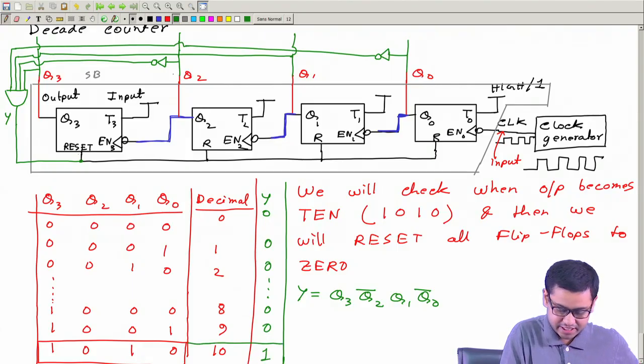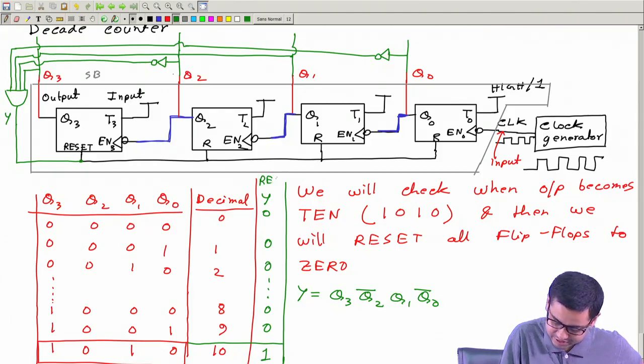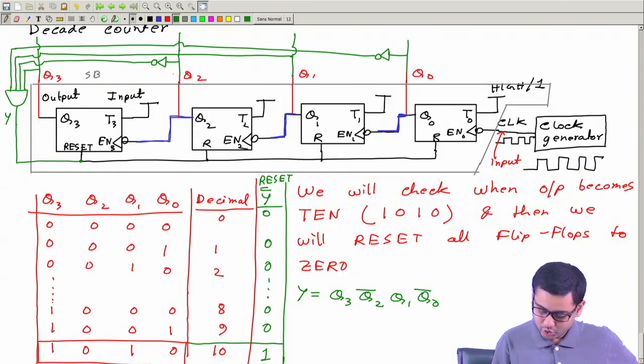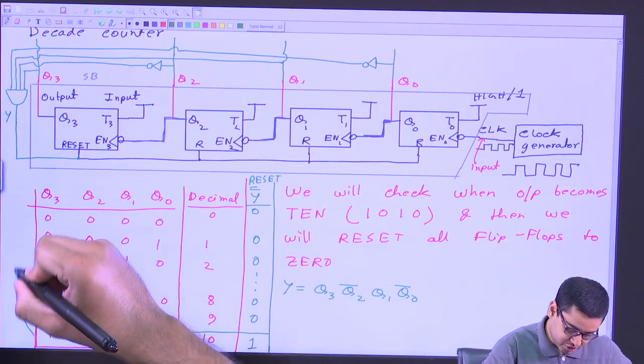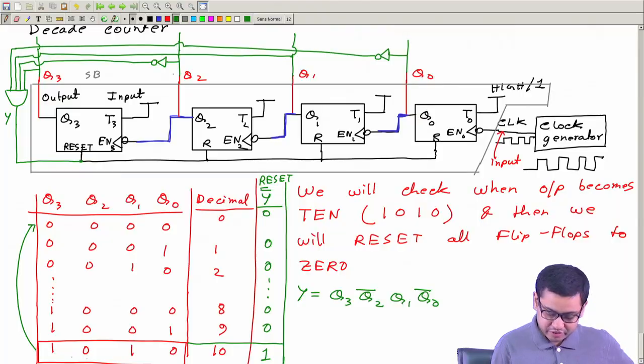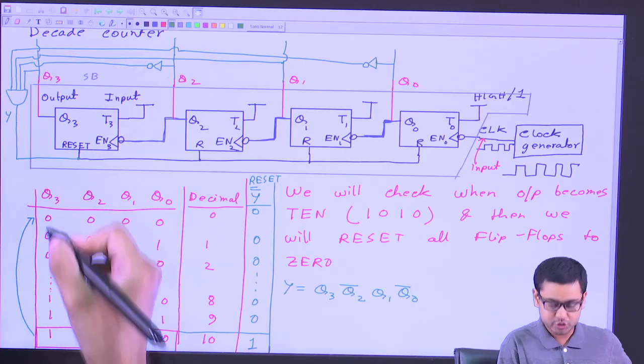Now y is connected to reset, so at this moment, immediately reset will be activated and all these values will become 0. So they will go directly from here to here, taking almost no time. So the moment it comes from 9 to 10, immediately it goes to 0.